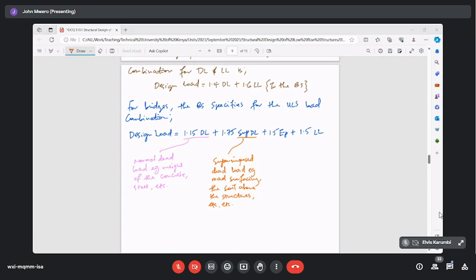I want to draw your attention to this factor of safety for dead load. You see, it's very small. Basically, this standard says you only put 15% on top of what has been calculated as the dead load. So if the self weight of the concrete, for example, is say 20 kilonewtons, we only add another 3 kilonewtons on top. Why is it that this factor of safety is small?